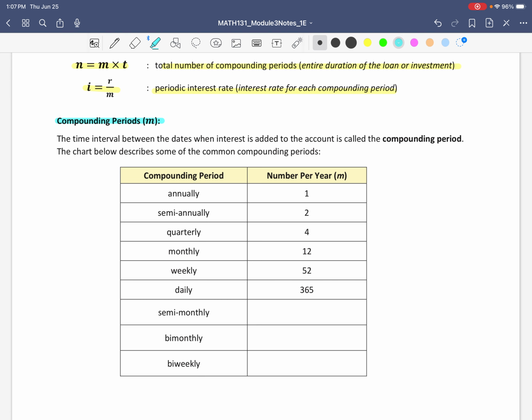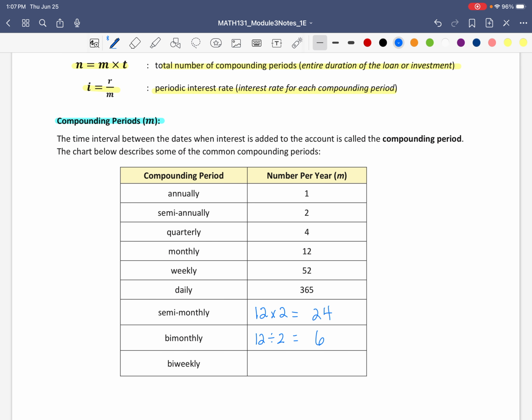Now we have these 3 other ones that can sometimes confuse folks. Semi-monthly means that it's being compounded twice a month. So if we have 12 months, we multiply that by 2, then our M value is 24. Bi-monthly means every other month. If we have 12 months, but we're only compounding every other month, then our M value is 6.